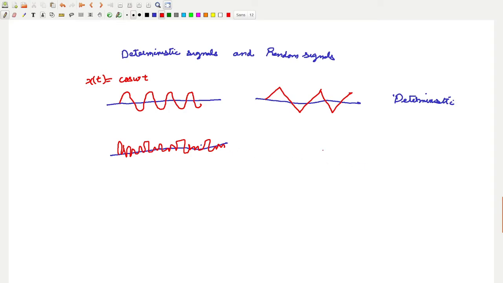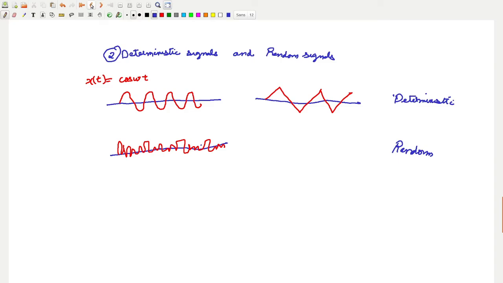But in totality, it is of random nature. So it is called a random signal. So this is our second classification of signals. Signals in totality can be classified as deterministic or random signals.